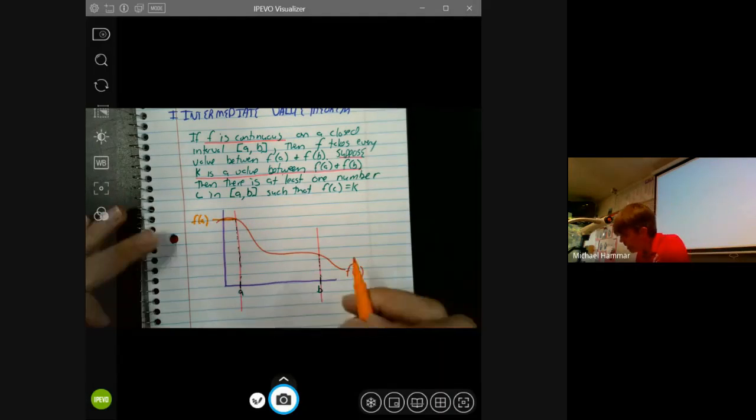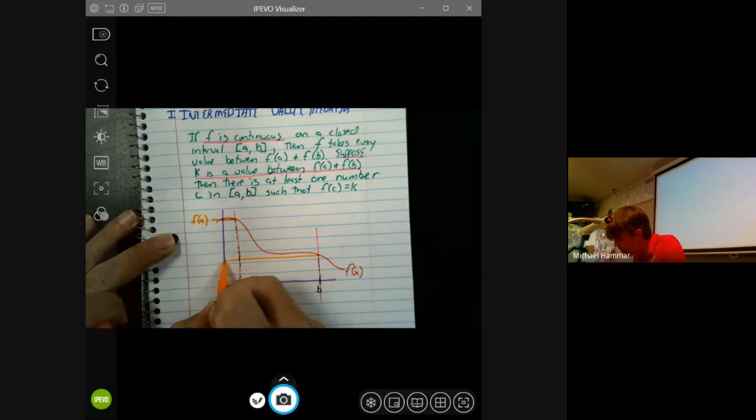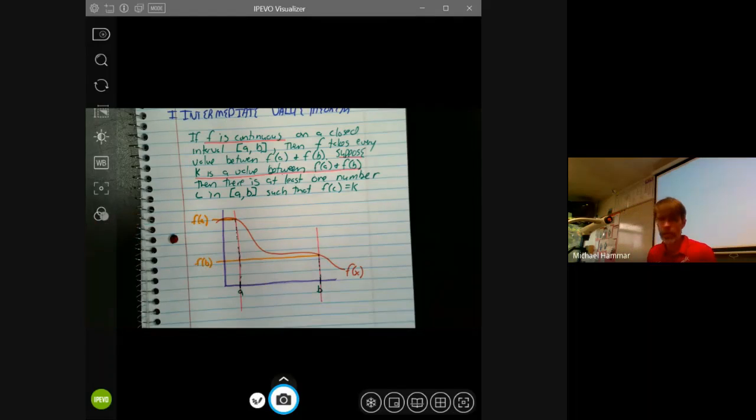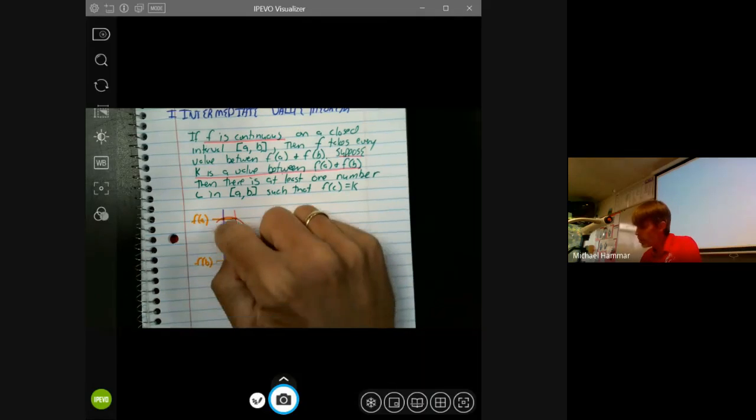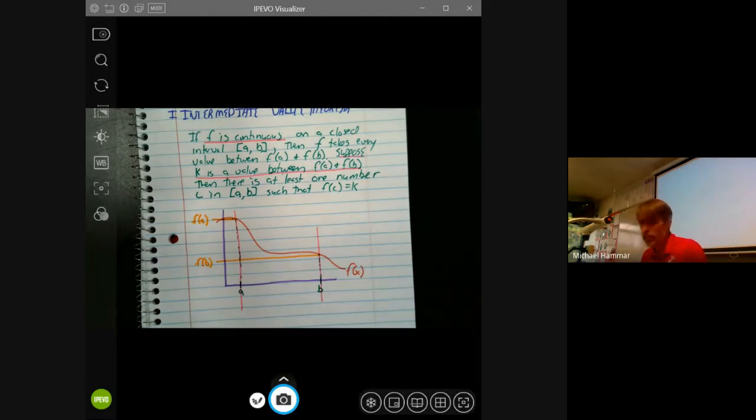And f of b, if I'm putting this onto the graph, is right here. So what it says is every value between f of b and f of a, there's going to be some point on the graph that hits.